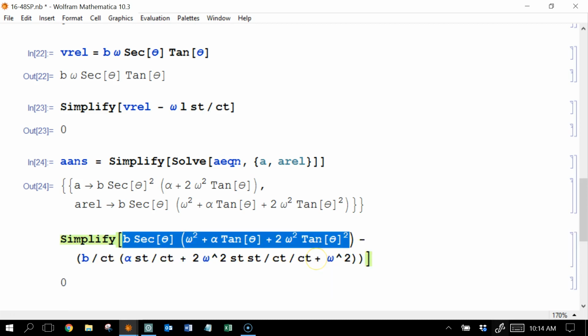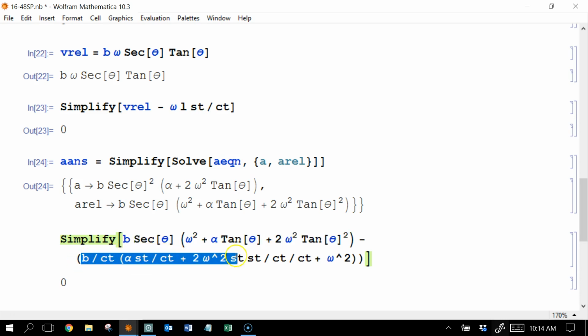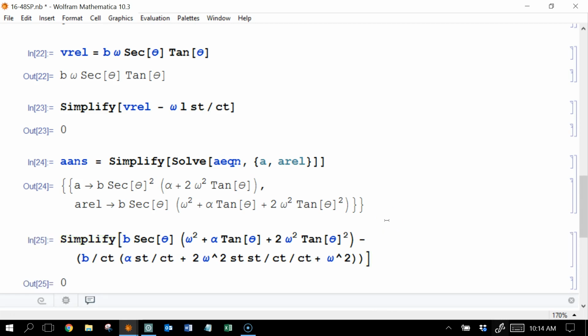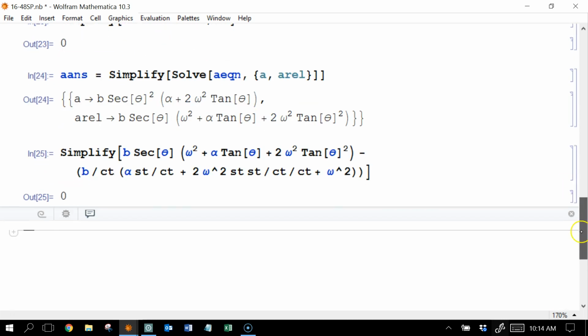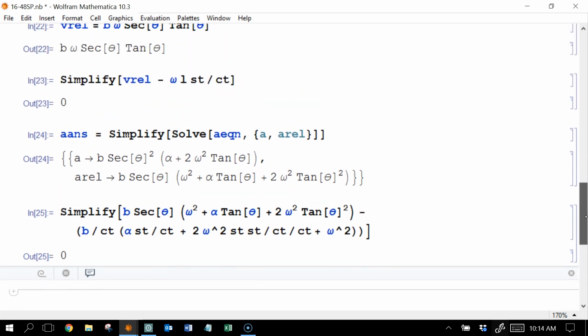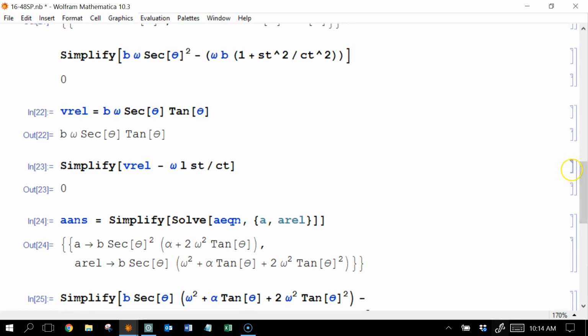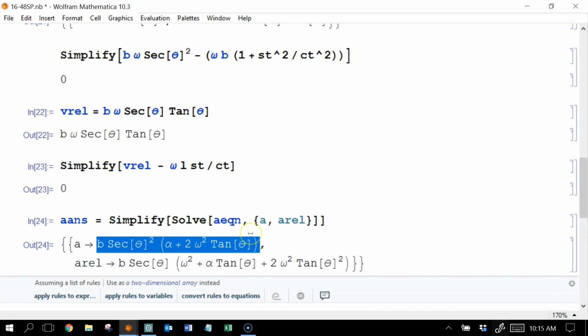So that's the Mathematica calculation for AREL. And then this term right here is what I had for AREL by hand. I just wanted to confirm that those were also equal, in other words, that I'd done it by hand correctly. So if you execute that, you get 0 as well. And so I knew that the hand calculations were right. Okay, so the solution that they're looking for is the acceleration, and it's that term right there, which is exactly the same as what I got by hand. Okay, so that's it.